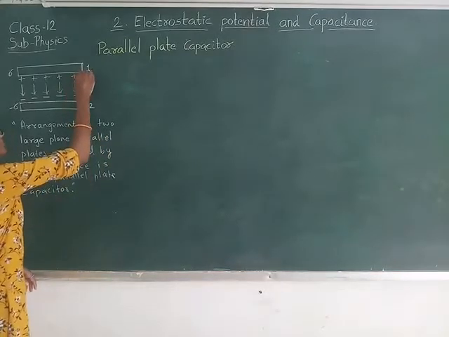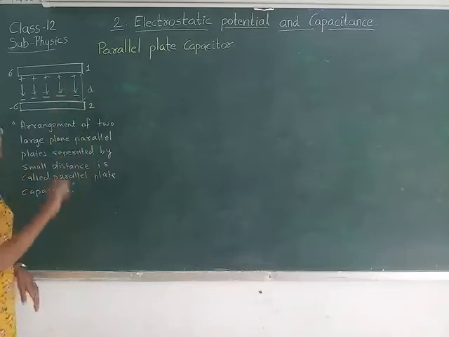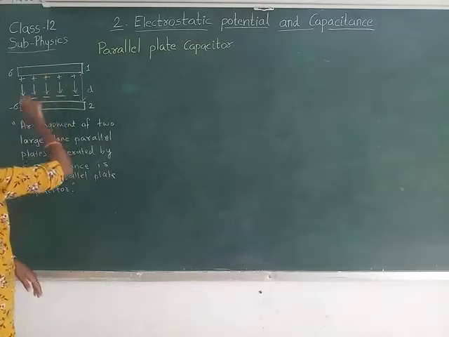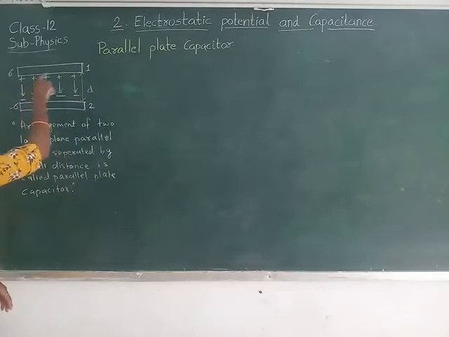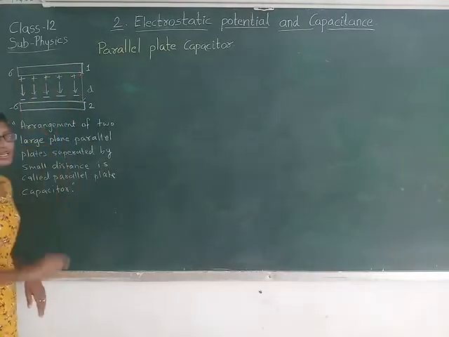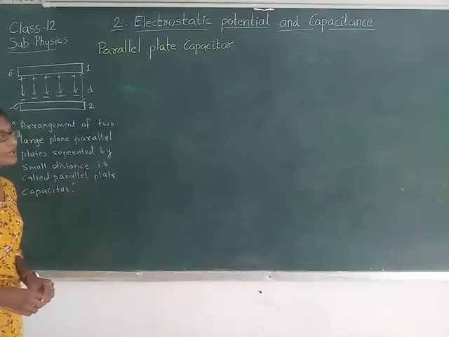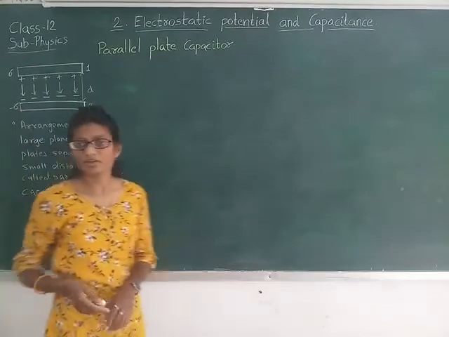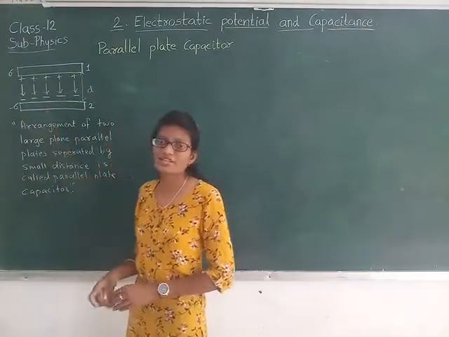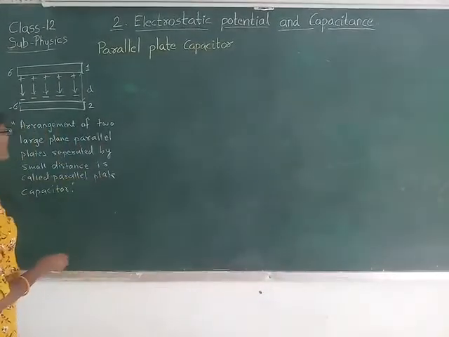Here the distance between the two plates is small d, right? Here we are having two plain plates, plate 1 and plate 2. You can see over here that there is positive charge on plate 1, negative charge on plate 2, right? So the surface charge density for plate 1 is sigma, and for plate 2 it is minus sigma, as we are having the negative charge over here.